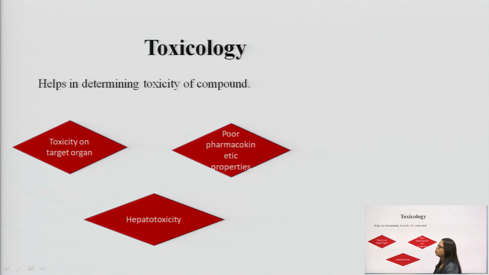Any new compound on which we are doing non-clinical studies, we need to check the toxicity of the compound. So, the toxicity check on the targeted organ, poor pharmacokinetic properties, and hepatotoxicity, which means toxicity of the compound on the liver. Hepato means liver.